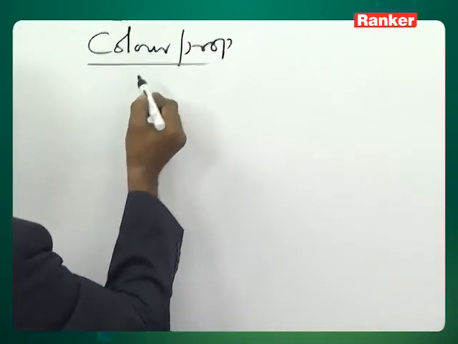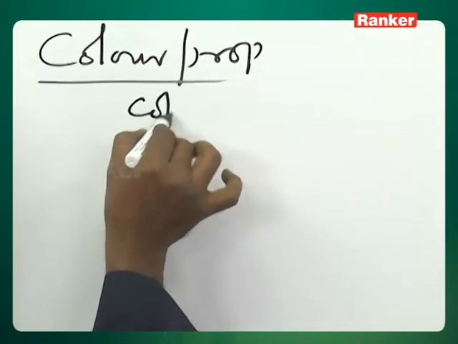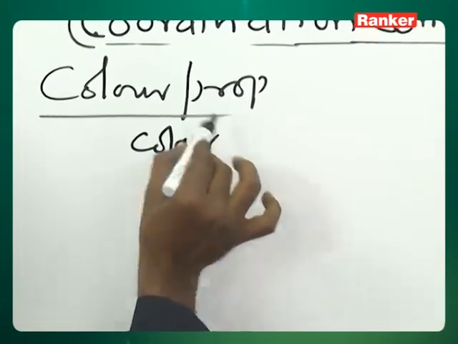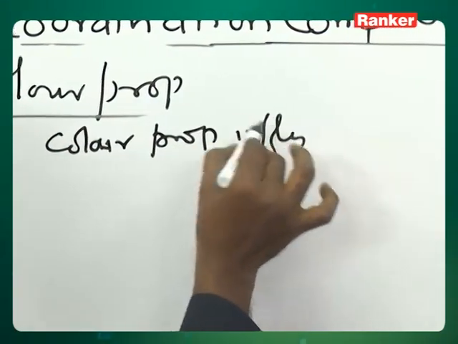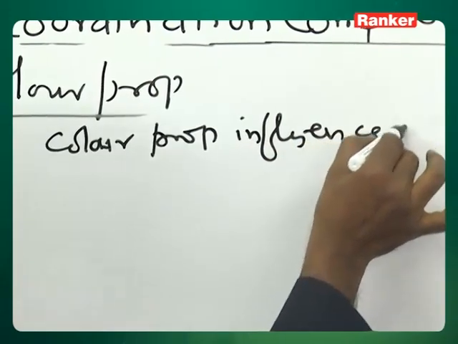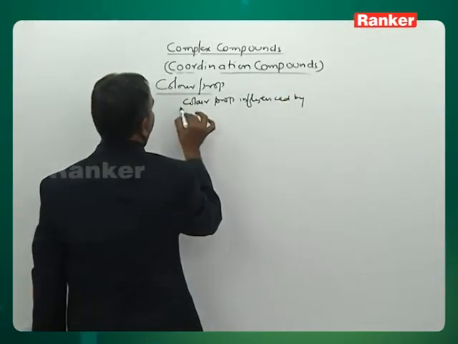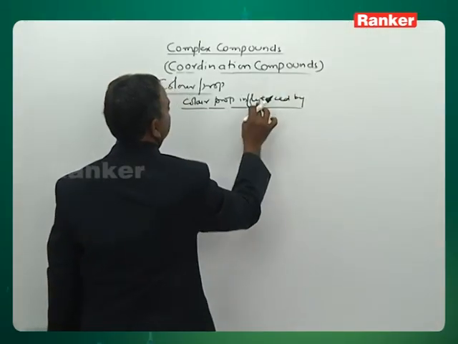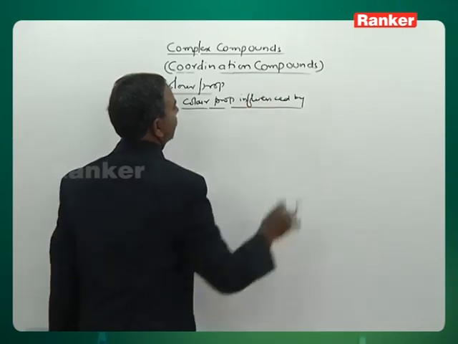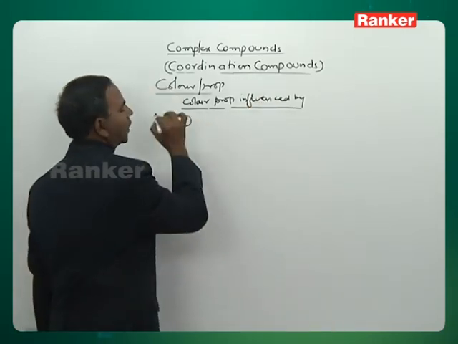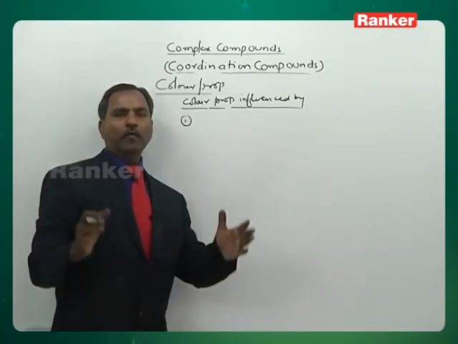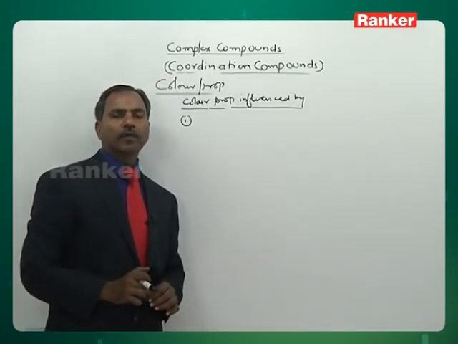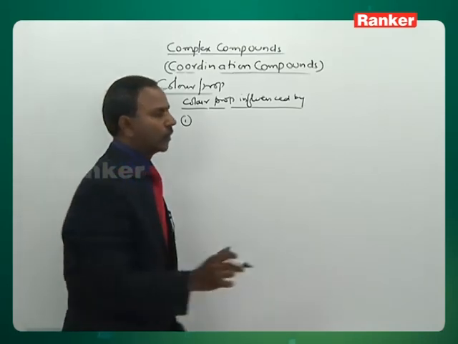Color properties are influenced by, one, the number of unpaired electrons in d orbitals, or incompletely filled d orbitals.